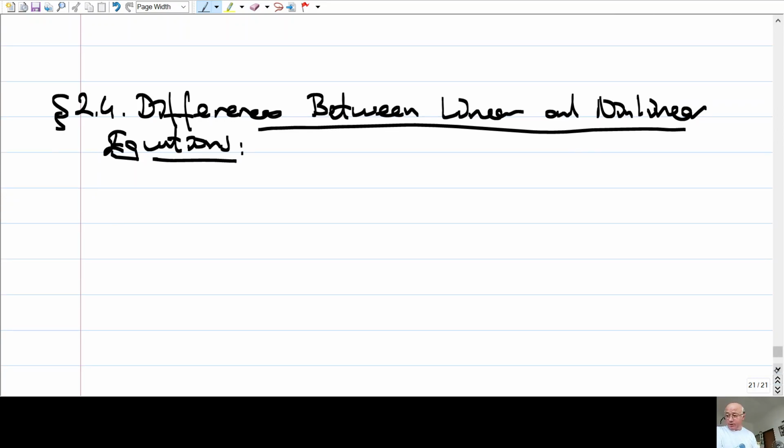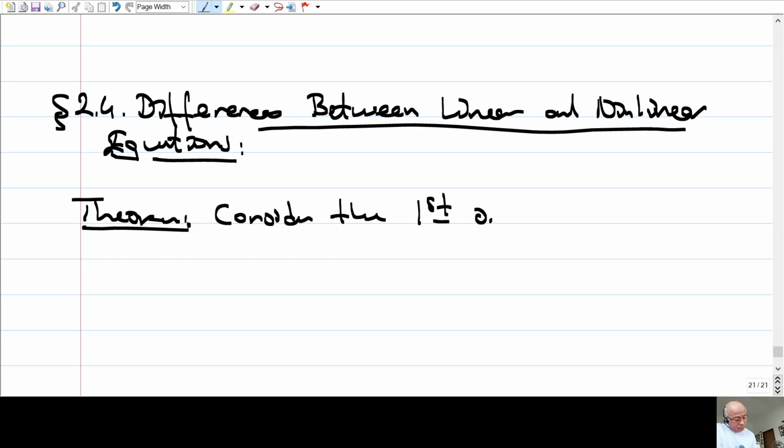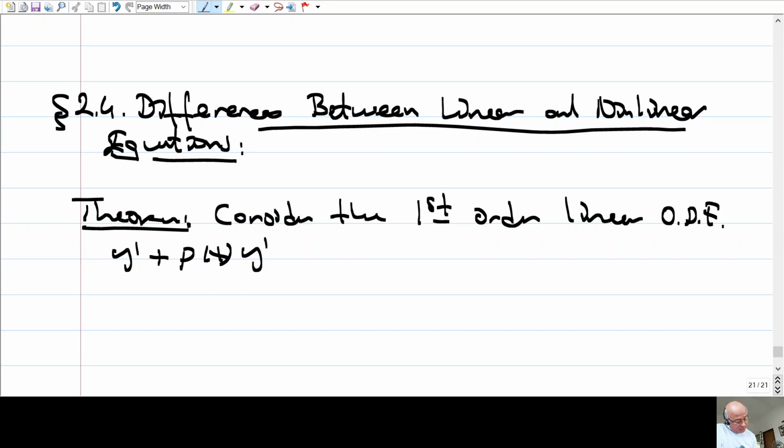First, let's see a theorem for linear equations. Consider the first order linear ordinary differential equation, which is just this one, y prime plus p(t)y equals q(t).